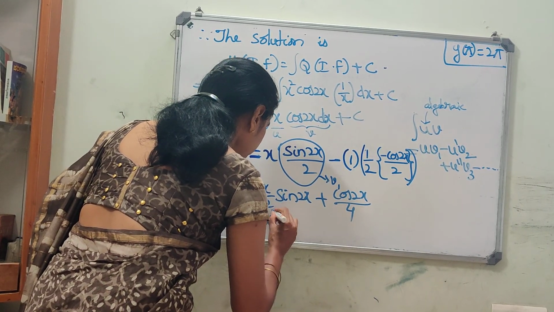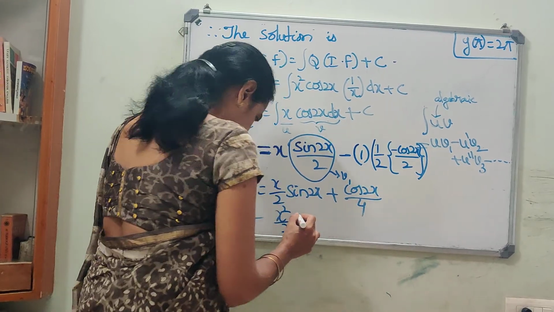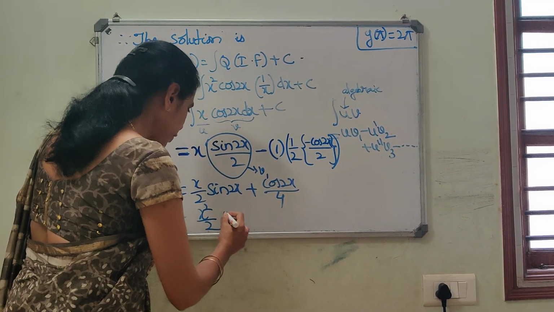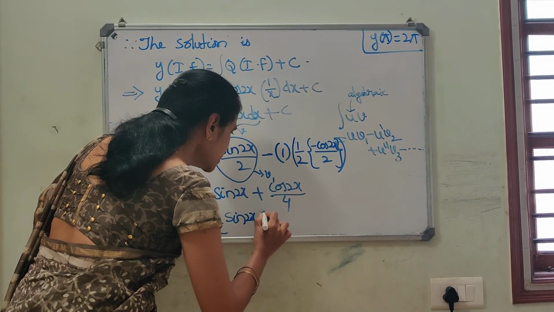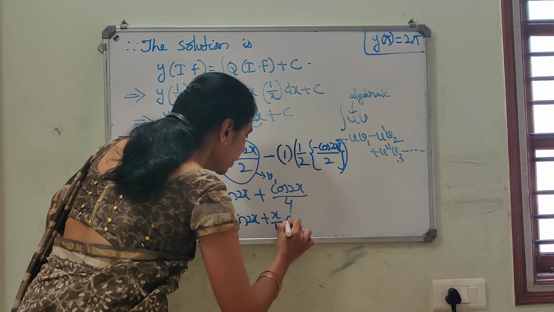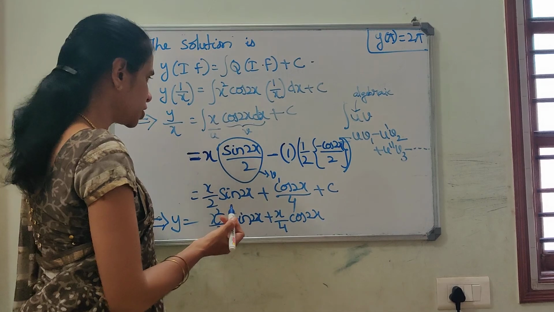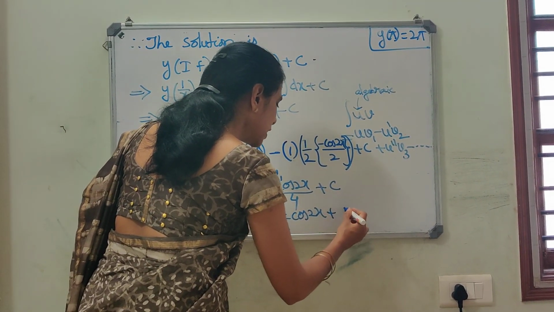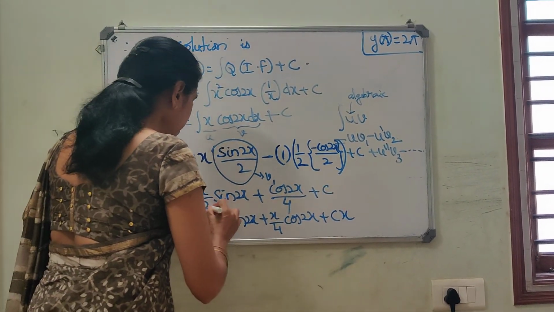So you will be getting x square by 2 into sin 2x plus x by 4 into cos 2x. Of course, there was a constant of integration which we have not written here. Let us write that. So then, since you are multiplying, it becomes cx. So this is the required solution.